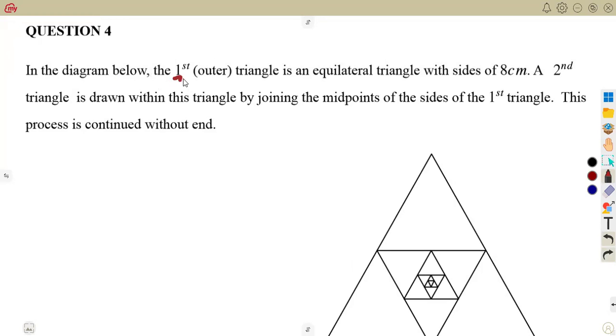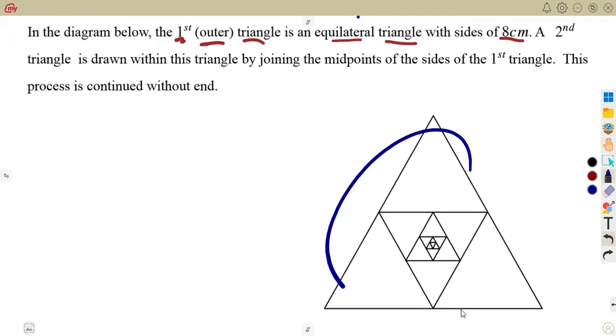The first triangle is an equilateral triangle with sides of 8 centimeters. Remember, in an equilateral triangle all the sides are equal. So all the sides of the outer triangle are 8, 8, 8.